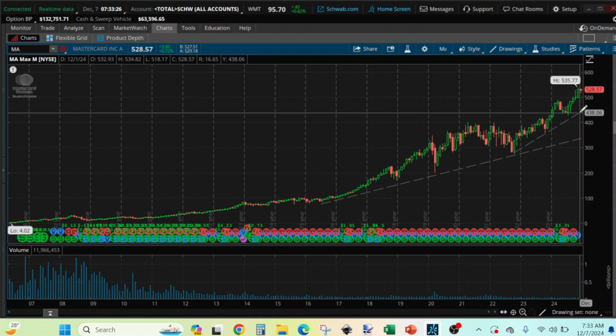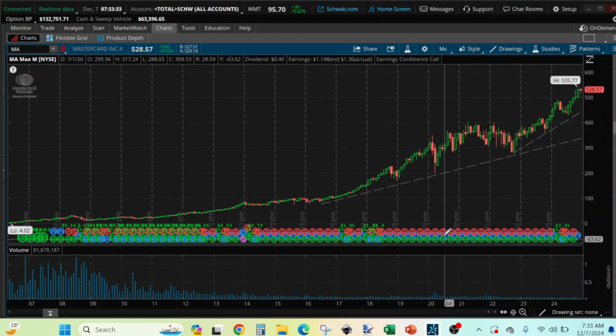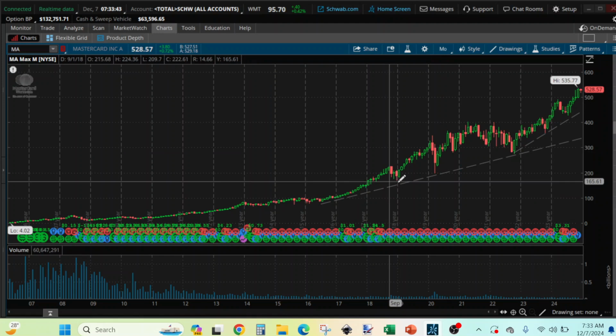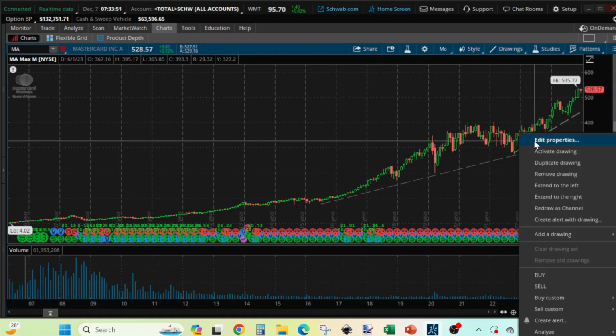You can trace those long-term trend lines for them, and this we can color purple. We have 3 touch points on it. This one, it came back to it as well, and this is, I don't know, 2023. Let's make this one purple.